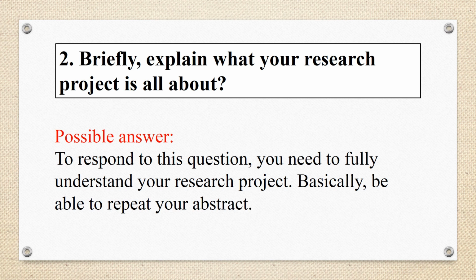You should tell them what your research problem is, what the variables are, what methodology you are going to use, what the results or findings are, and what the recommendations are. So in simple words, you should be able to tell them about your abstract. This could be the possible answer to the question, what your project is all about.